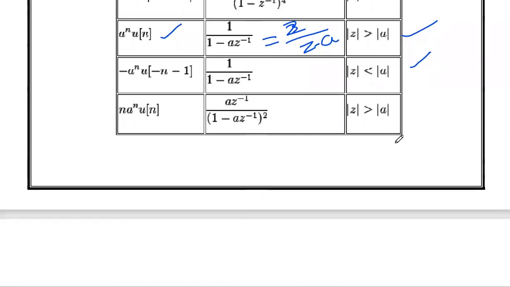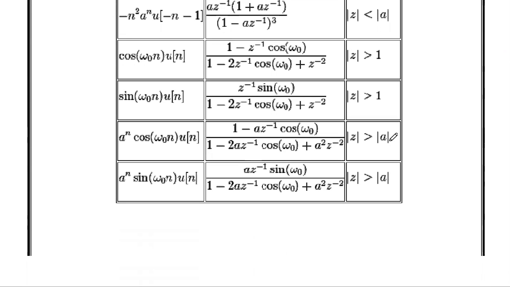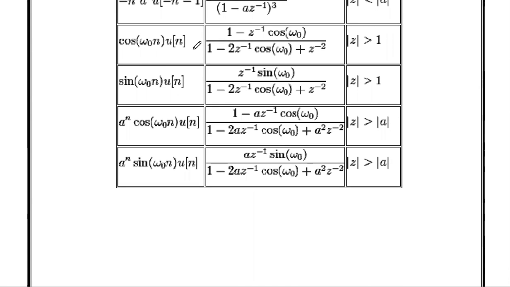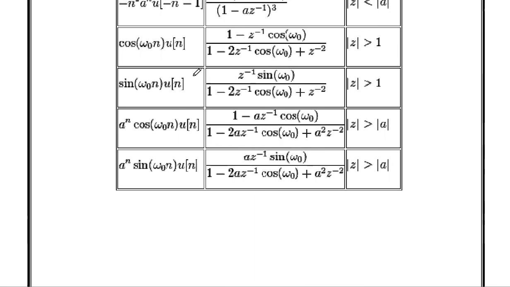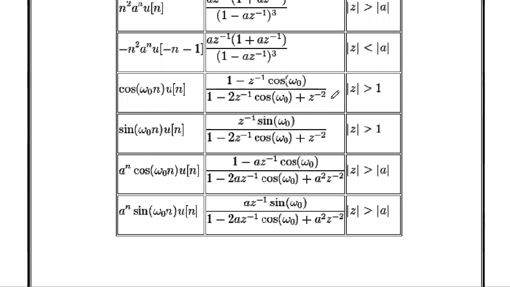Okay. Then the next one, sine omega n. So you see cos omega naught n u of n, sine omega naught n u of n, this is the answer. If you want to convert into positive Z, we will get Z into Z minus cos omega naught divided by Z squared minus 2Z cos omega naught plus 1. Similarly, this is the sine omega naught problem.